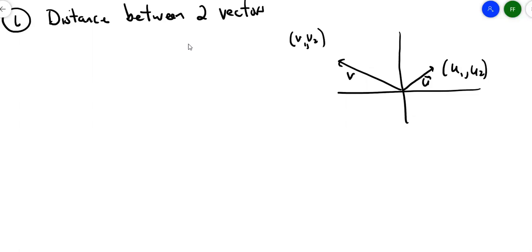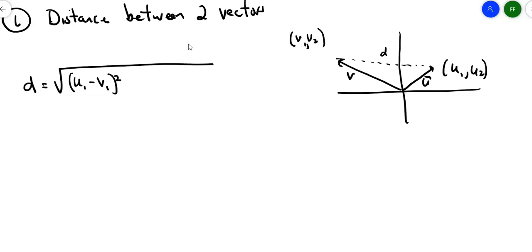What I want to find is the distance between those two vectors. How far is it between the end of this one and the end of that one? Well, the distance formula is going to work like this. It's going to be the square root of u1 minus v1 squared plus u2 minus v2 squared. So it's going to be the difference of the components, square them, add them together.